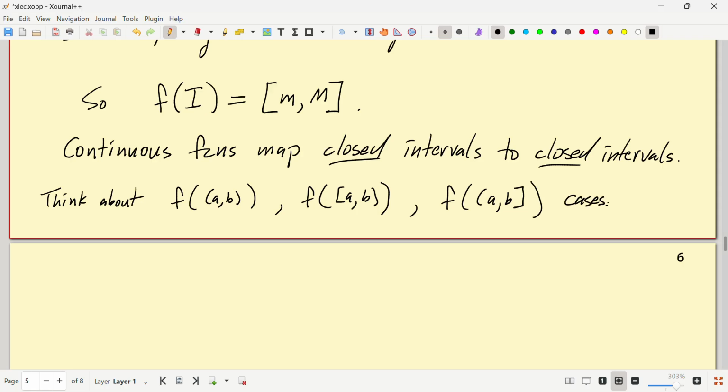Turns out that the image will always be an interval of some kind, but not necessarily closed, and not necessarily the same kind. So the answer is the image is an interval. But you can't say what kind.